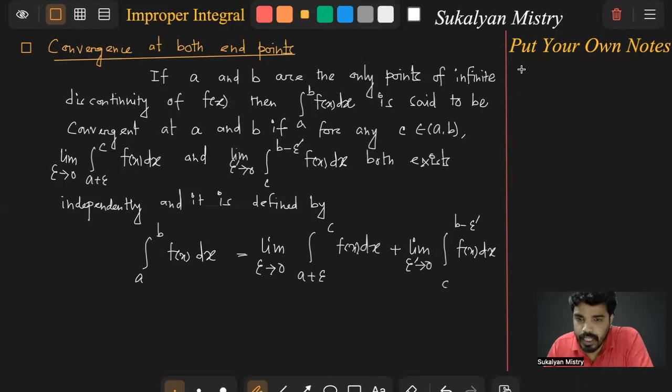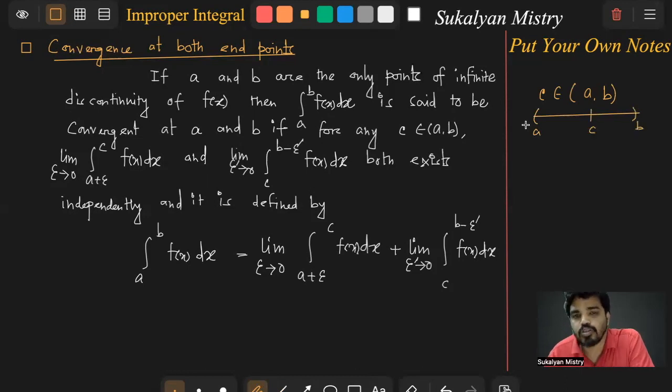Just see. Look, my interval is ab. So we consider a point c that belongs to ab. Suppose this is the interval ab and c belongs to this interval. So integration a to b can be written as integration a to c plus integration c to b.